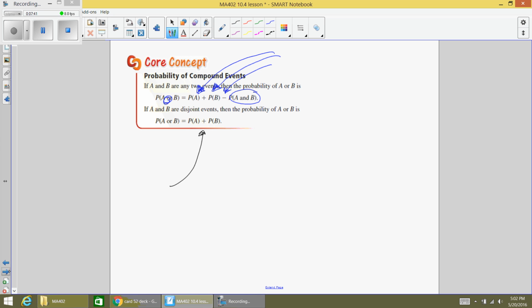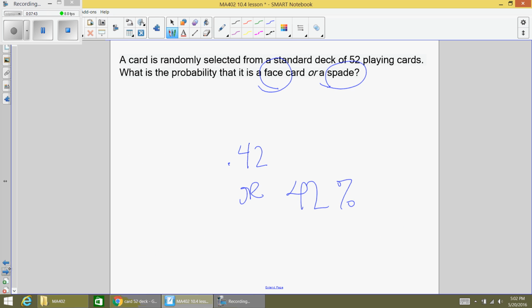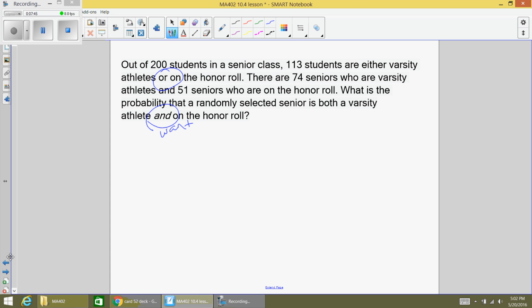Okay, so come back to the problem we're working on. It says the or, which is 113, and it's a probability, so I'm putting it over 200, is equal to the probability of the individual events added together minus the probability of the and.